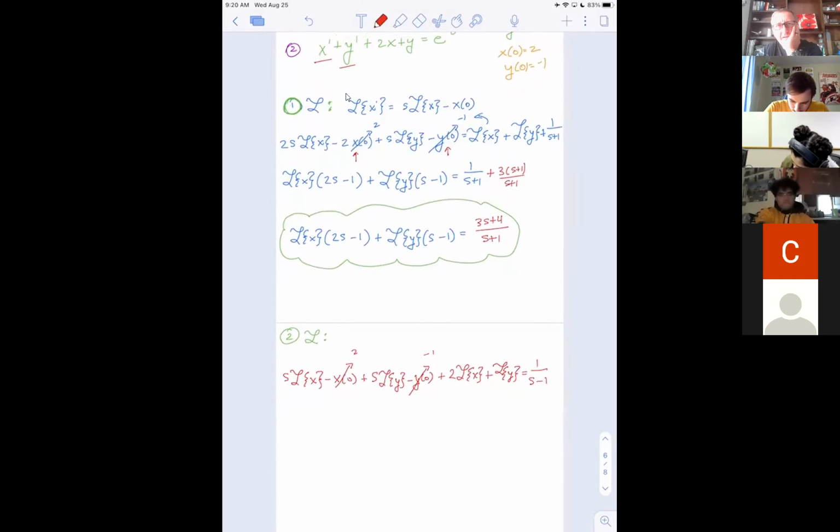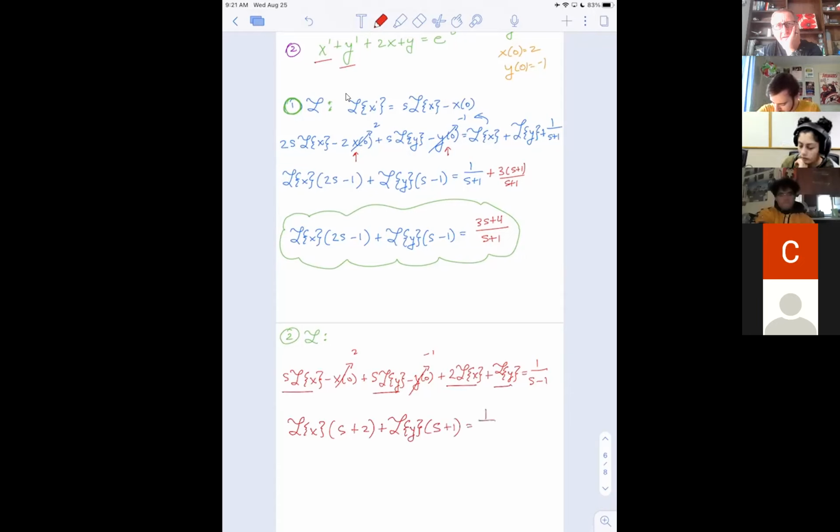And so if I continue with the same approach, then wouldn't I have the Laplace transform of x times s for this one, but then I have another one over there that's +2. So I just factor out the Laplace transform of x, leaving s +2 behind. Do the same thing with Laplace transform of y, leaving an s behind. And where's my other one? Right there, that's a 1 left behind. And then I just have these constants again.